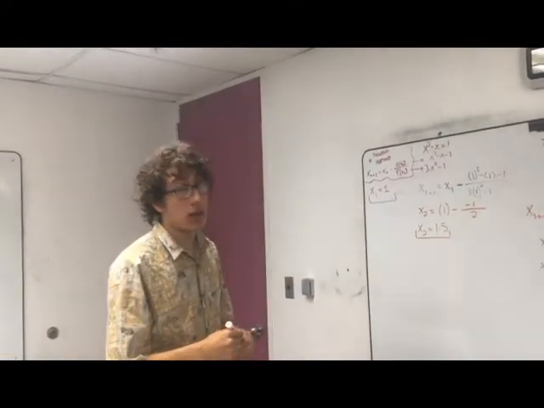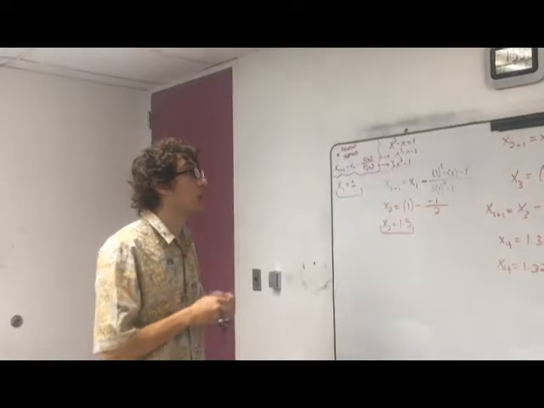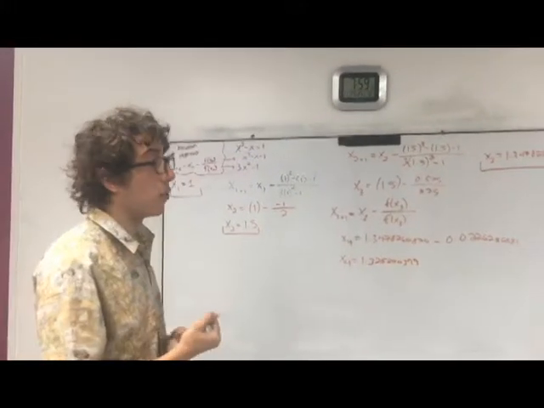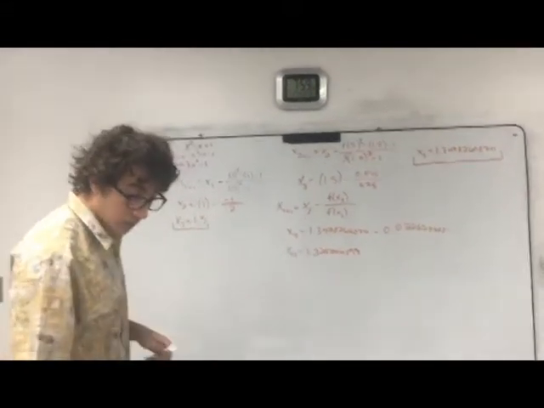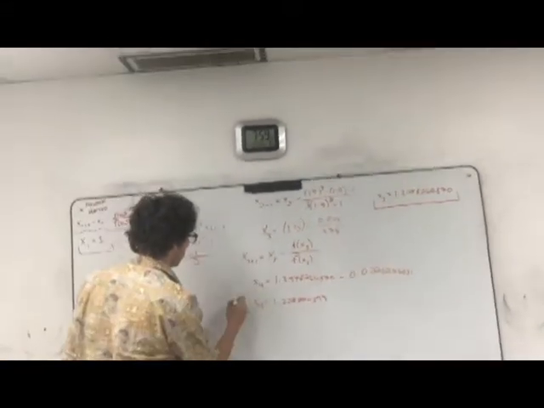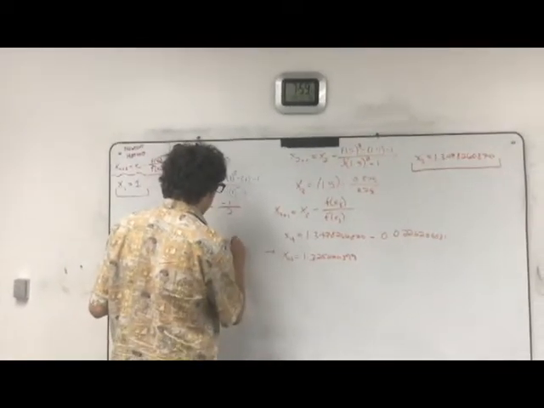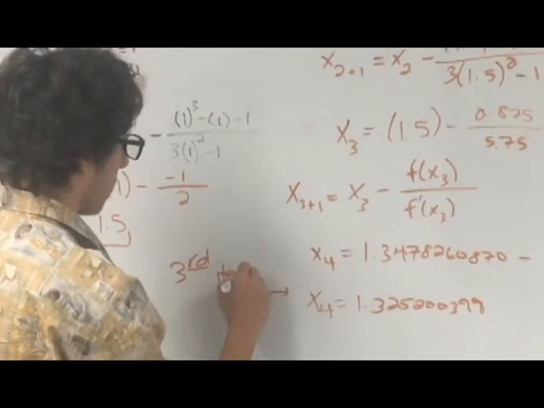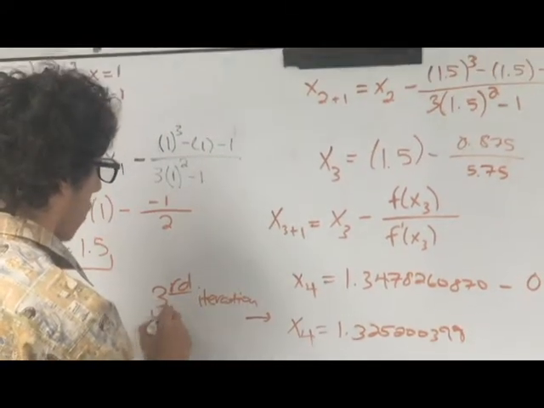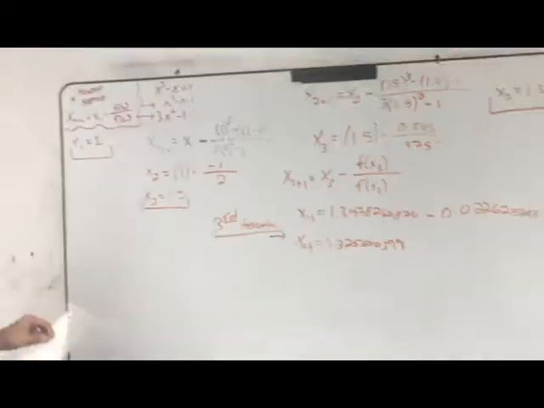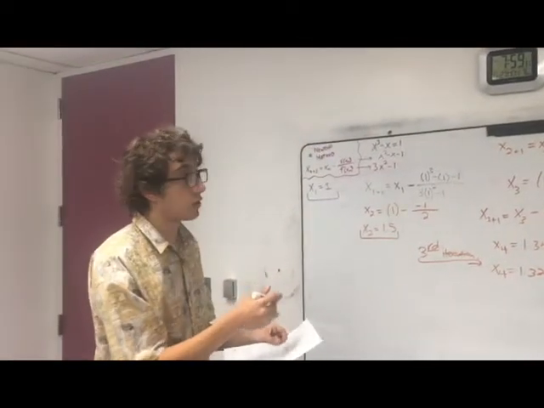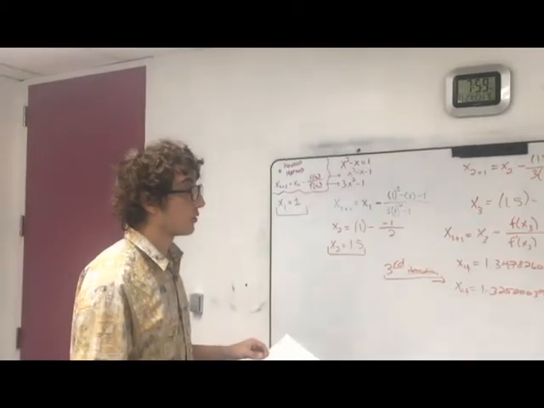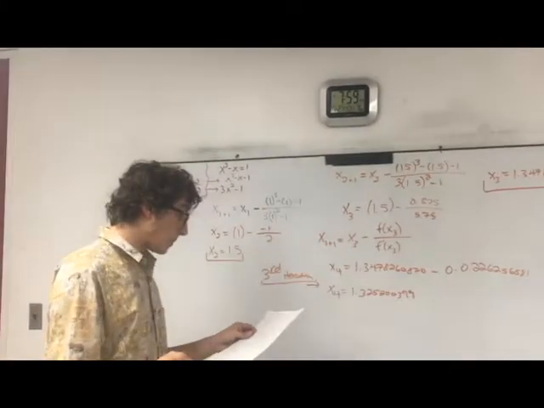Now I could go on all day, but it's going to take another 10 to 20 minutes, and I don't really want to keep you waiting. So we know this right here is the third iteration. Knowing that, I put this in Excel, a spreadsheet, with the help of Marissa and my group members, Ian and Omari.